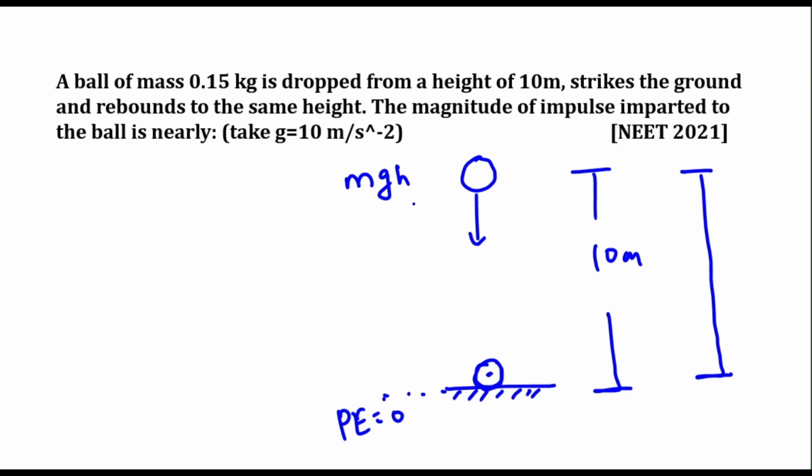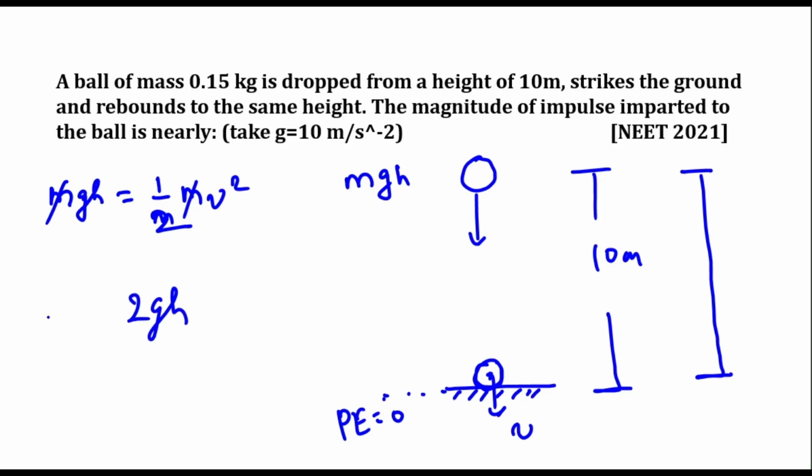Potential energy decreases and kinetic energy increases, so the ball is gaining velocity. So mgh at the lowest point should be 1 by 2 m v square, where v is the velocity with which this ball is hitting the ground. From here we can get v. Let's make it simple: it will be the square root of 2gh, and this is the velocity.